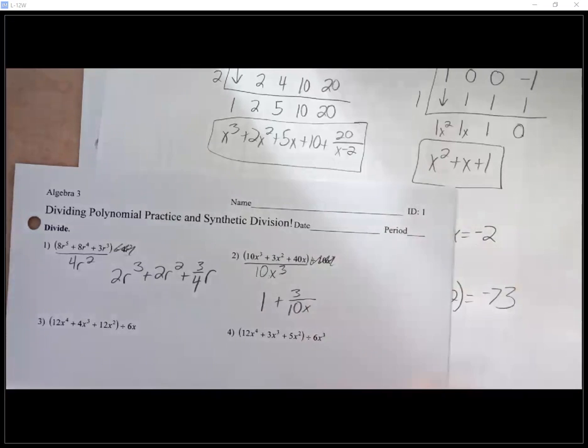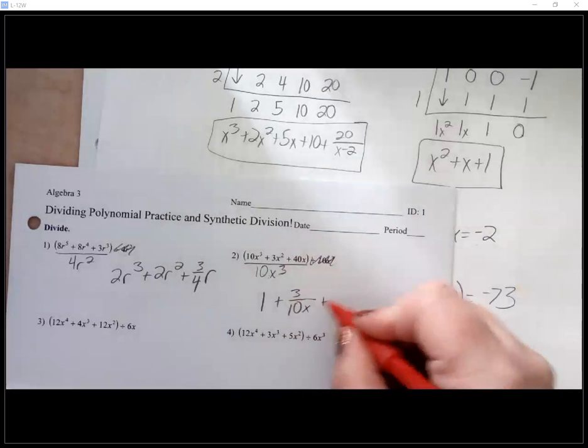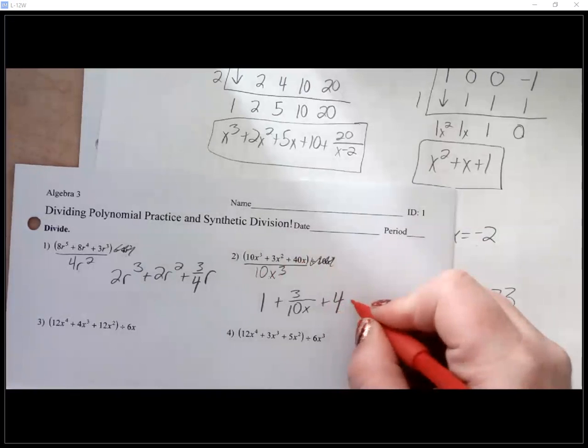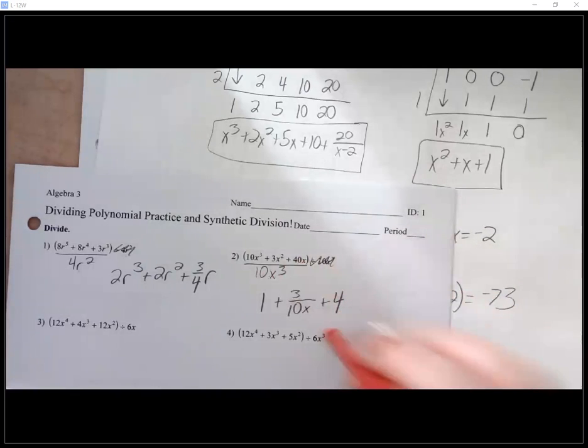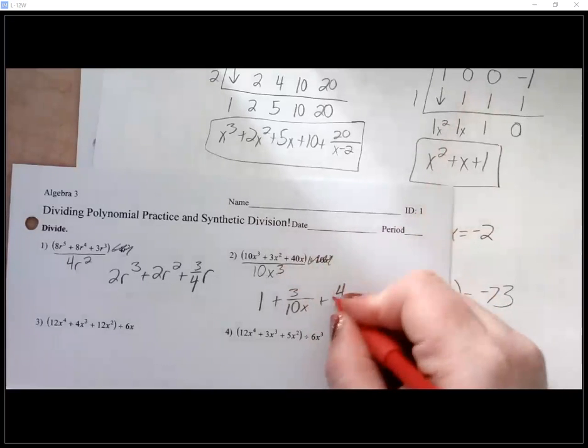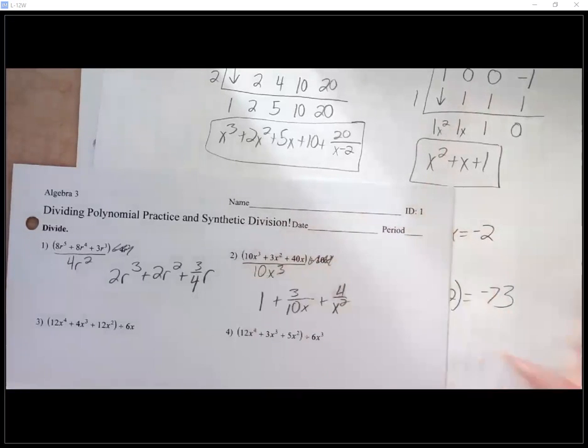And then the last one, 40 divided by 10 is a 4. And then I'd have x squared in the denominator. So I should put 4 up top. Are you guys with me or not so much? Okay, try 3 because 3 works out really nicely, I think.